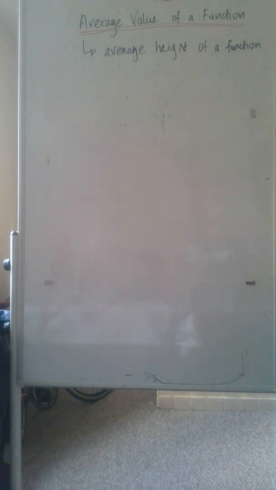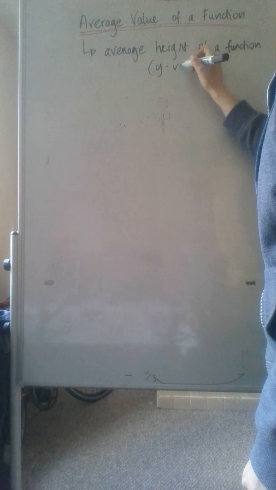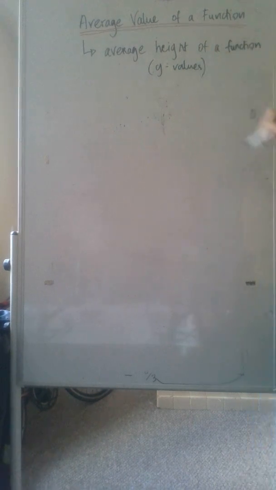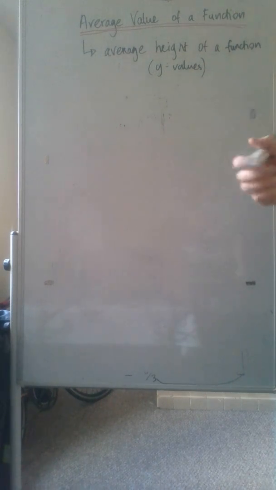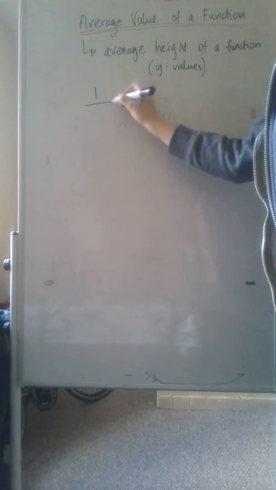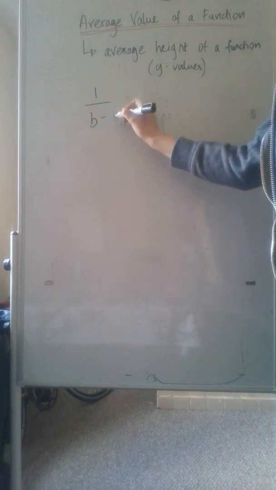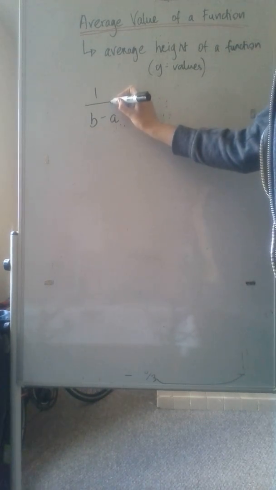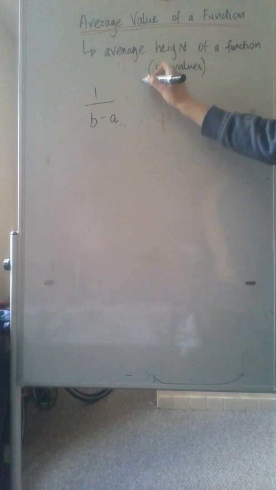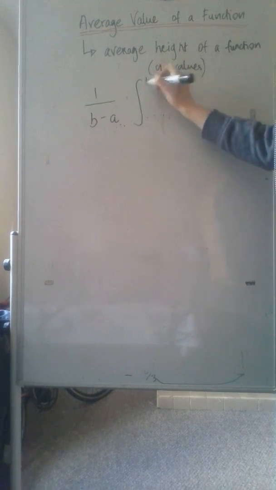What that means in other terms is that if you're looking at the average height, we're dealing with the y values, because that's what the height of a function would be, its y values, and the average height of them. Okay, so I'm just going to throw the formula up so you can see it. The formula is 1 over b minus a, and that's the only extra bit here, and you're going to integrate between b and a.